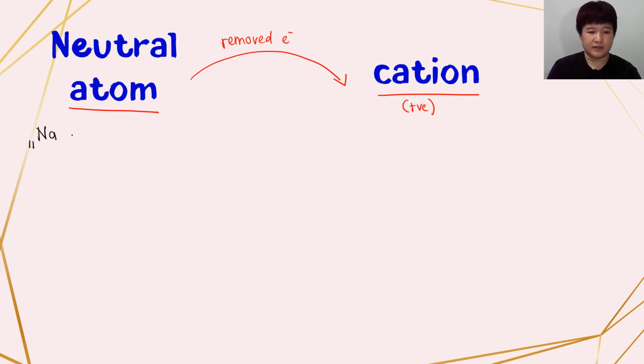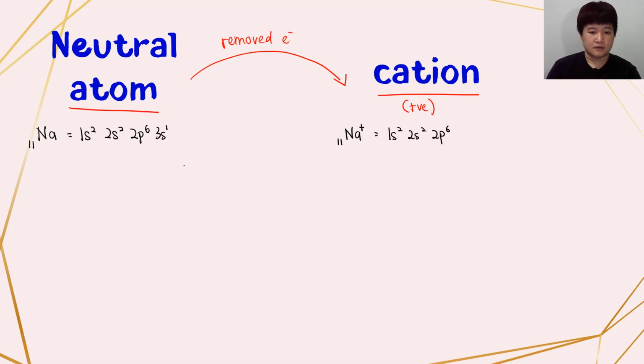Sodium 11, when it's neutral, the electronic configuration is this, 3s1. And when sodium becomes a cation, sodium will be positive 1, but the proton number remains the same. The only thing that changes is we remove 1 electron to become 1s2, 2s2, 2p6.